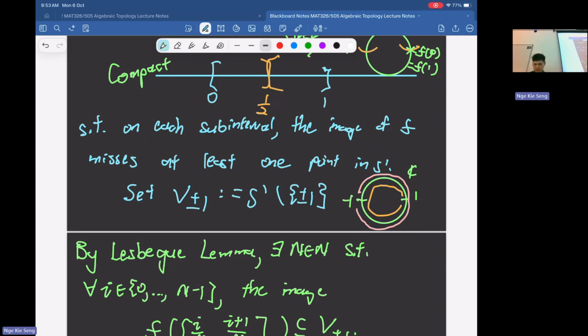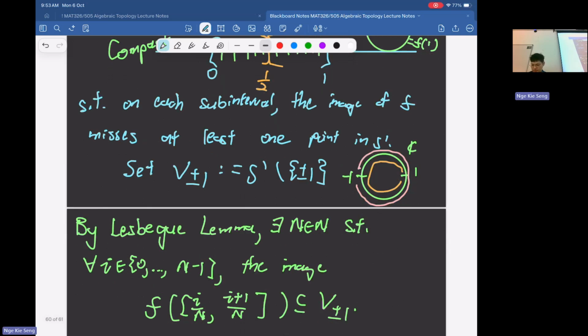We can chop it such that every part after the map lives inside one of the open sets, either the red one or the orange one. You can alternate, though no need to alternate. It just makes sure that each little piece lives inside one of the open sets.